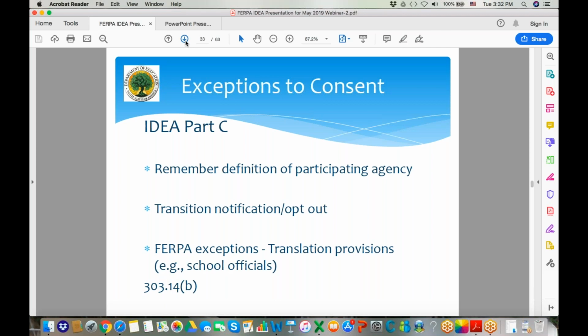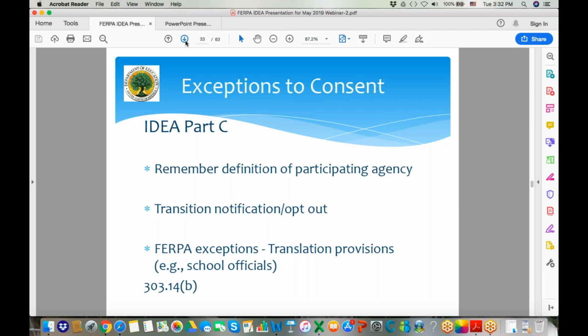So while it's not a true exception, many, many times we have inquiries from states, and as we probe further into how Part C is implemented in an individual state, we'll discover that the definition of participating agency may be broad enough in that state to allow for what I call the non-consensual disclosure. Basically, there isn't a need to get prior written parental consent.